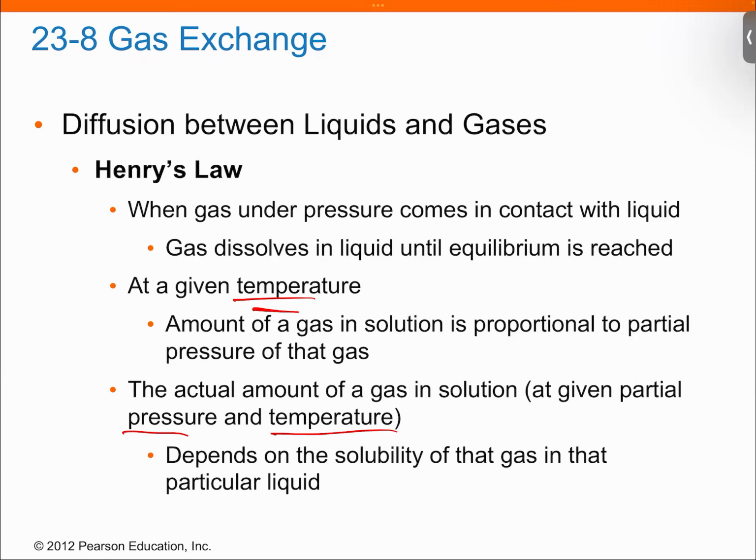And so this is important because ultimately the gases that you are inhaling are, of course, in gas form, yes? But oxygen in your blood has been dissolved into your blood, which is what? Liquid.